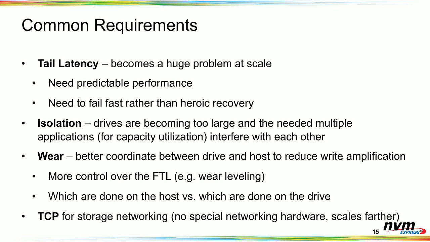But that heroic recovery takes time. It takes a response in a matter of microseconds. And so we have introduced an option to fail fast, which would allow the application to get the data from a different drive that maybe doesn't have a media problem right now.